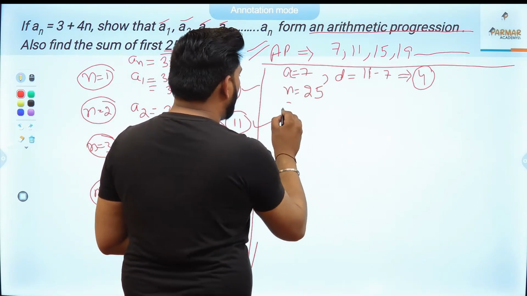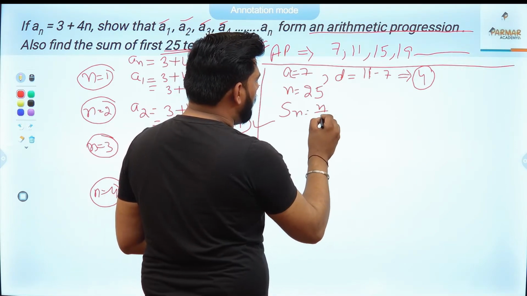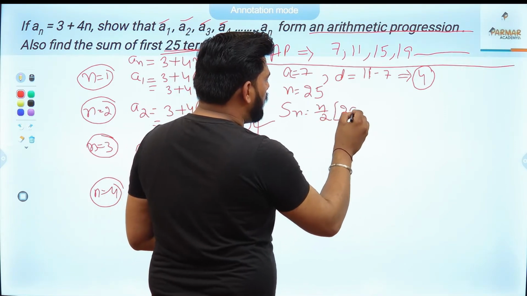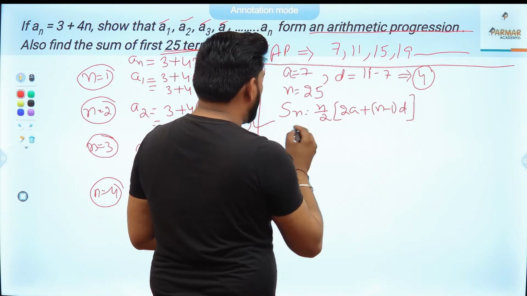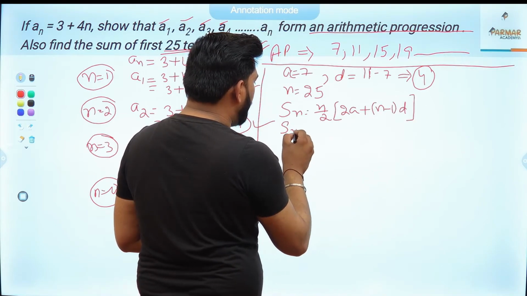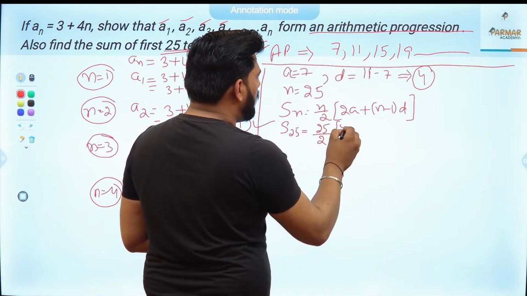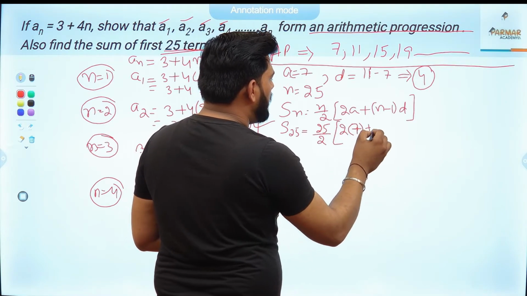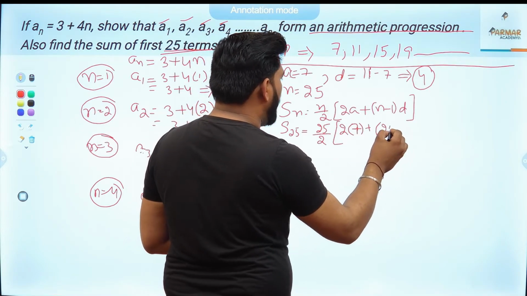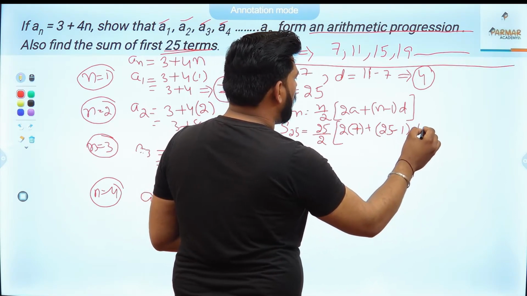We have to find the sum of 25 terms, that is Sn is equal to n upon 2 times 2a plus n minus 1 times the difference. So now put the values. S25 is equal to 25 upon 2 times 2 into a, that is 7, plus n minus 1, that is 25 minus 1, into d, that is 4.